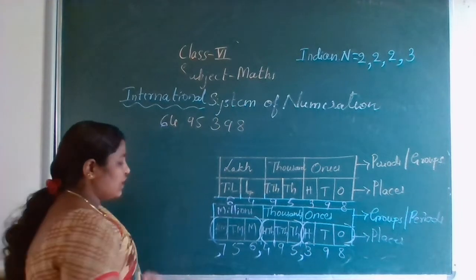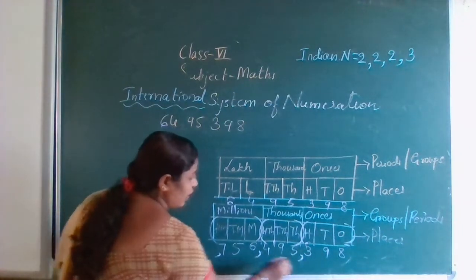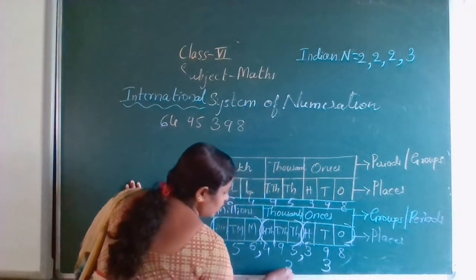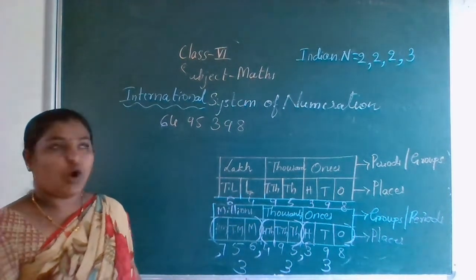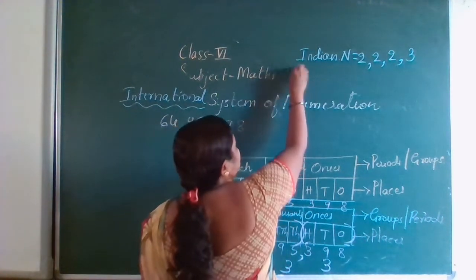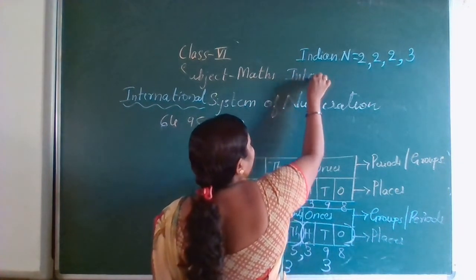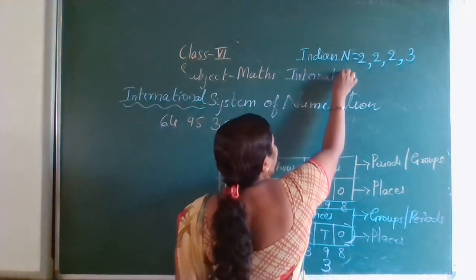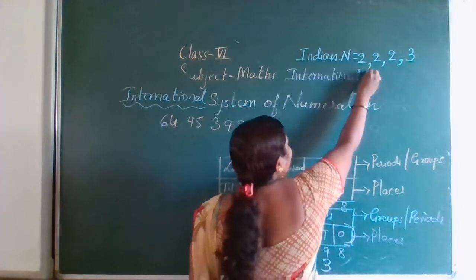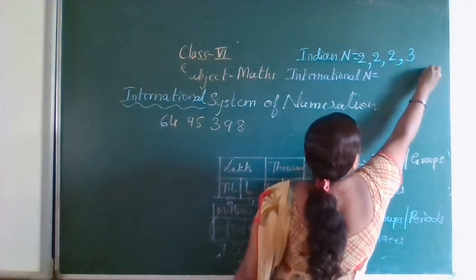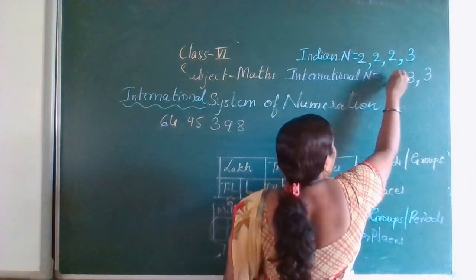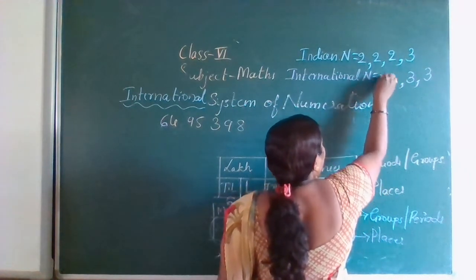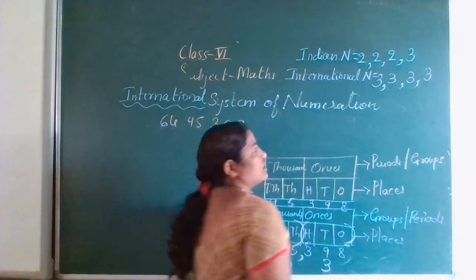So in the international system they give the comma after 3 digits. International numeration is 3 digits, comma, 3 digits, comma, again 3 digits.